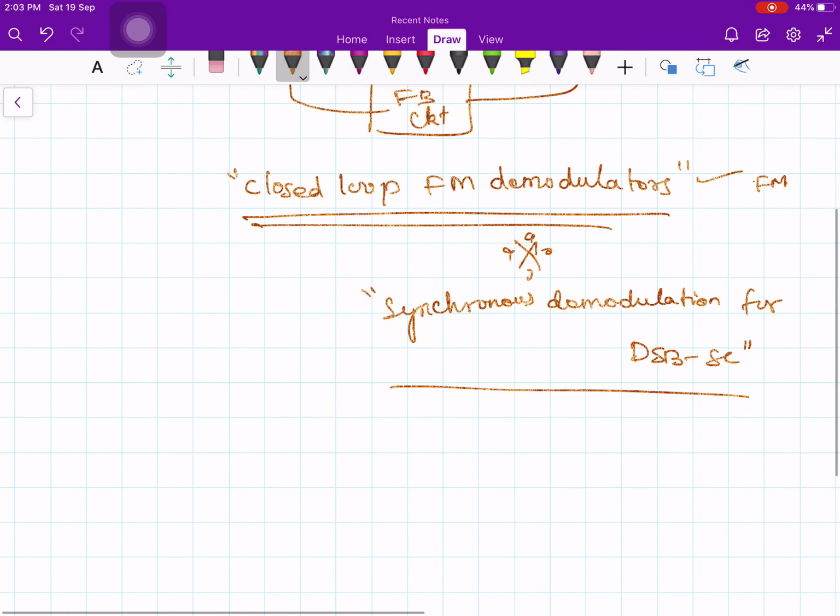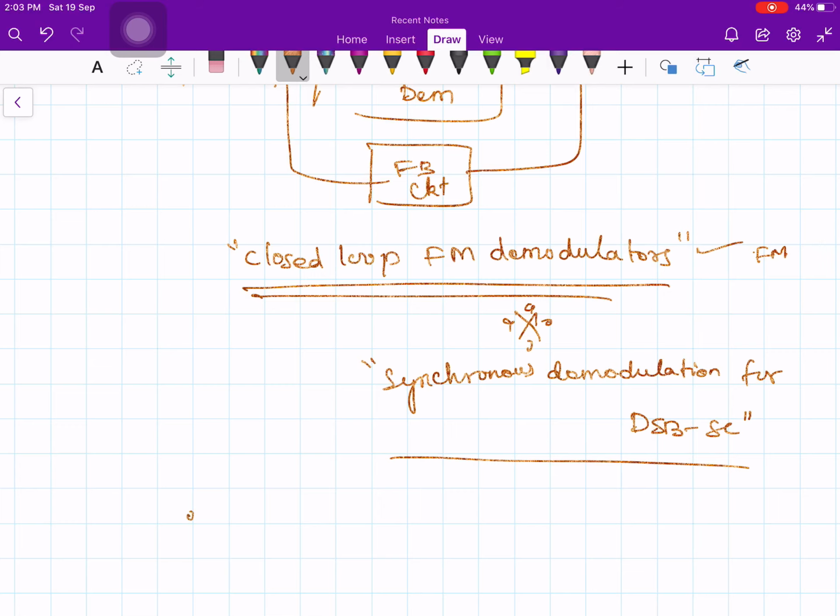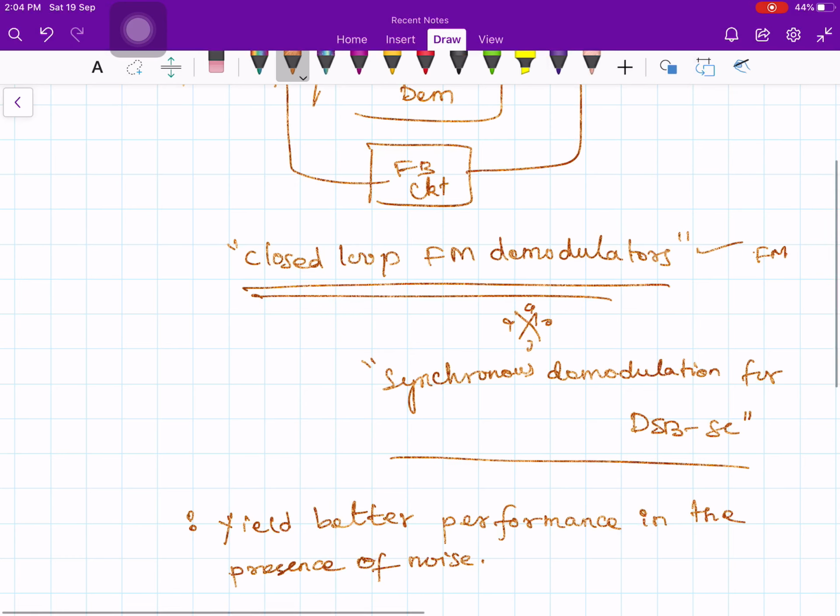In the last lecture we discussed FM discriminators, but compared to that, these feedback FM demodulators provide better performance in noise.